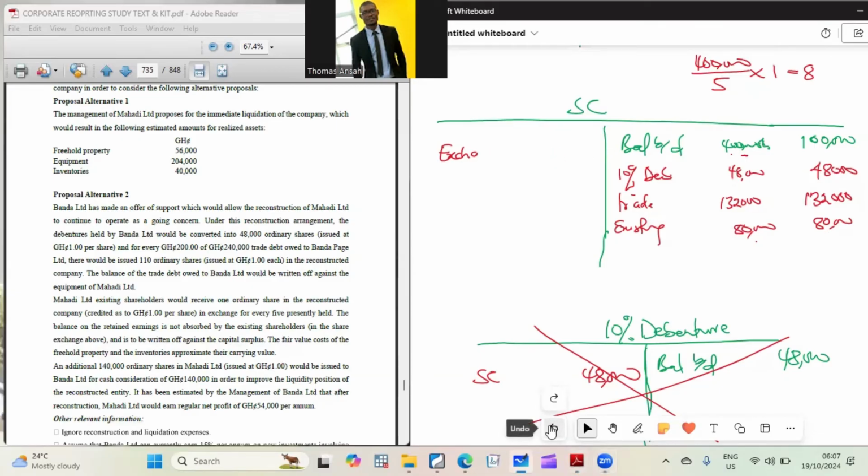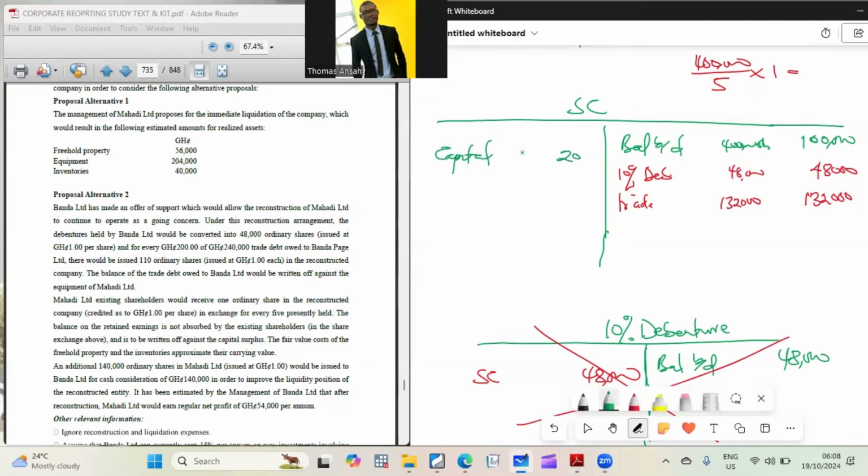You can say that in capital reduction, they are sacrificing 20,000. Reduction, 20,000. And the shares are now gone.